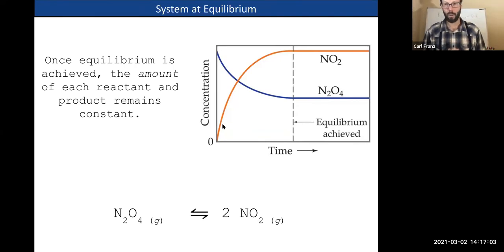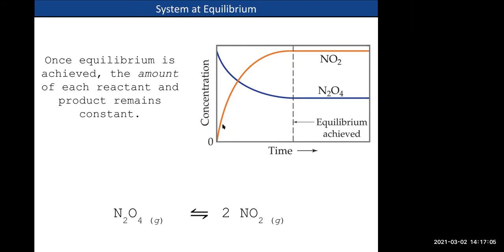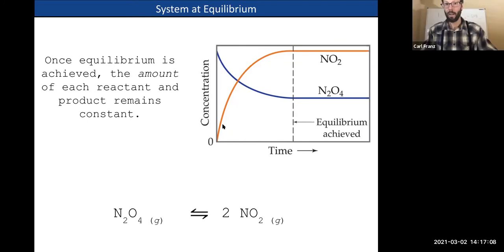Which one of these has a higher concentration? Nitrogen dioxide. Yeah, NO2, right? So it's going up here, it's increasing, and then it levels off. Dinitrogen tetroxide, its concentration is going down, but at some point it levels off. And when those two level off, that is going to be equilibrium. They're not touching, because at equilibrium, for this reaction, it's going to favor nitrogen dioxide.